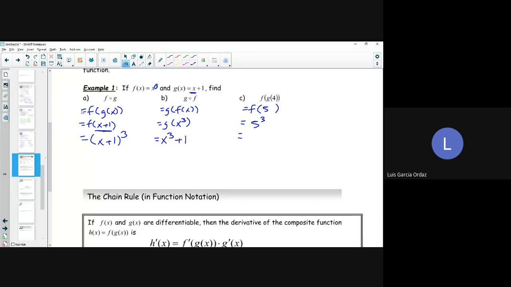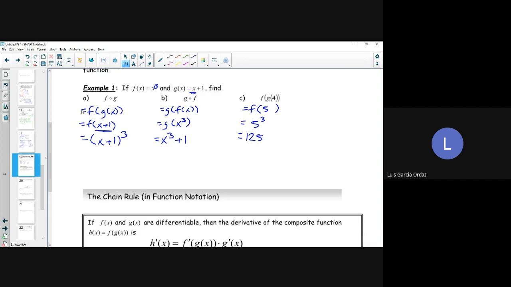That gives me 125. With numbers, it becomes easier to understand the composite function because it gives you a visual in terms of evaluating g of x and f of x at different x values.